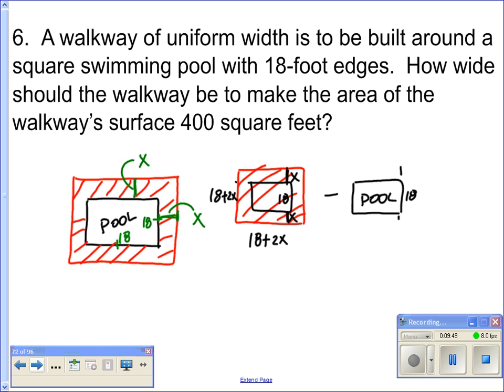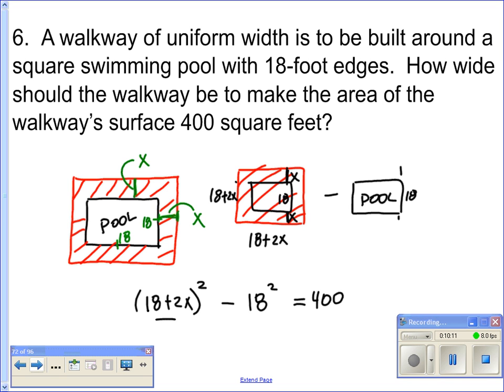All right, so 18 plus 2x is going to be the area on the outside, but now we need to knock out that pool area, which is 18 squared, the 18 by 18 pool. And what we want is for that to be 400. So now that's our equation.